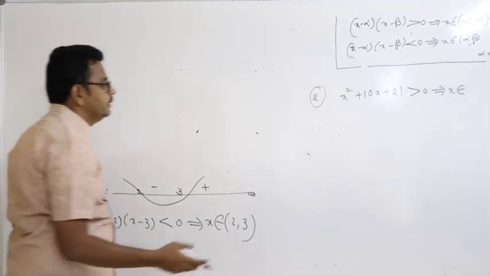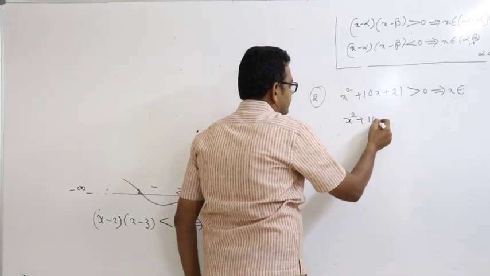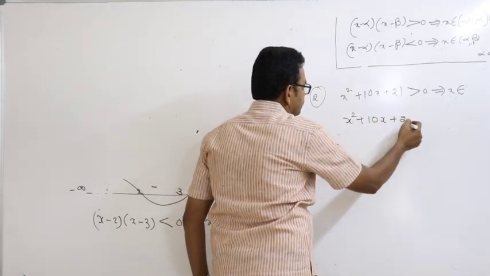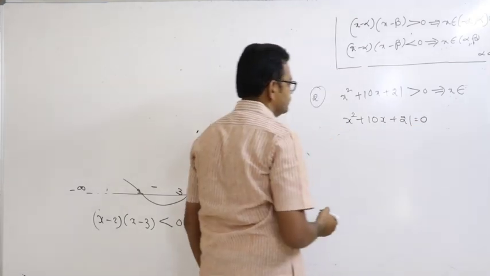First of all, find the roots of this equation. x square plus 10x plus 21 is equal to 0. Find the roots, first of all.